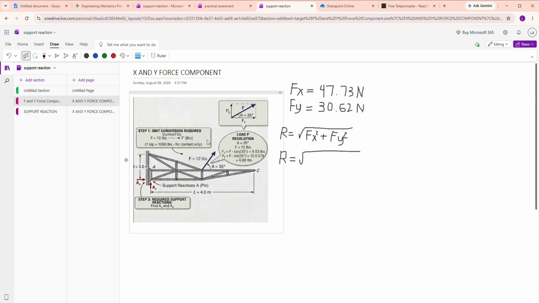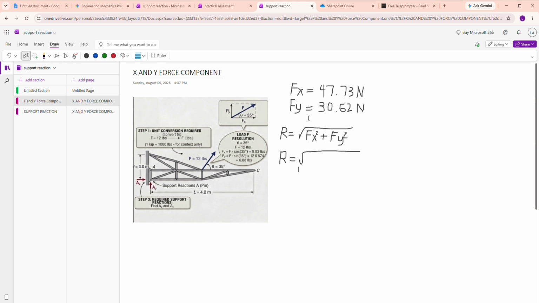To double check our trigonometry before solving for support reaction, let's calculate the resultant force R using the Pythagorean theorem. So this is our formula. R equals the square root of Fx squared plus Fy squared.